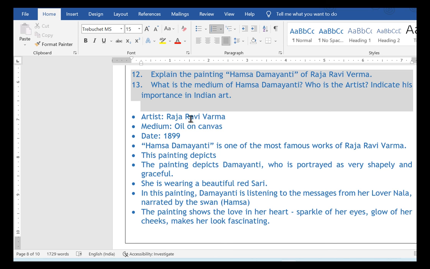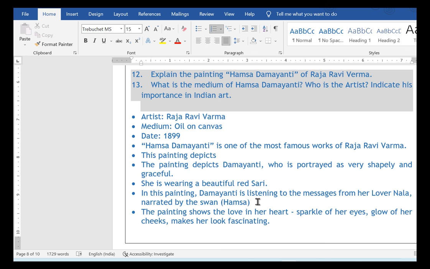Hamsa Damayanti is done by Raja Ravi Varma. It is an oil painting done on canvas in 1899. Hamsa Damayanti is one of the most famous works of Raja Ravi Varma. This painting depicts Damayanti, who is portrayed as a shapely and graceful woman. She is wearing a beautiful red sari, and in this painting, Damayanti is seen listening to the messages from her lover Nala, which is conveyed by a swan, that is Hamsa.